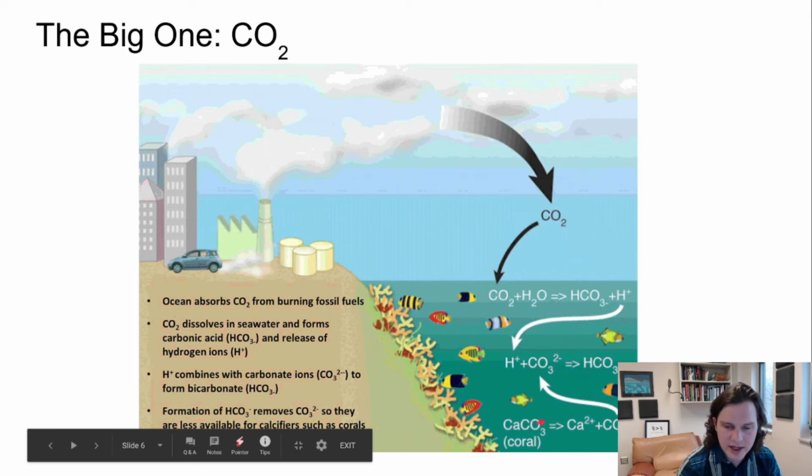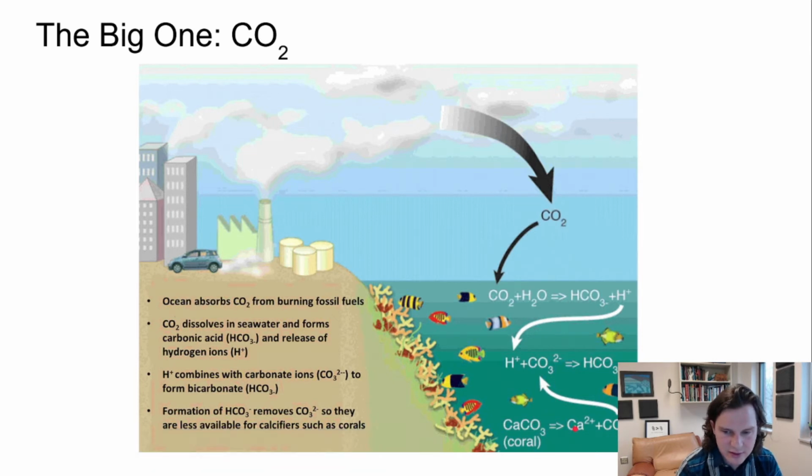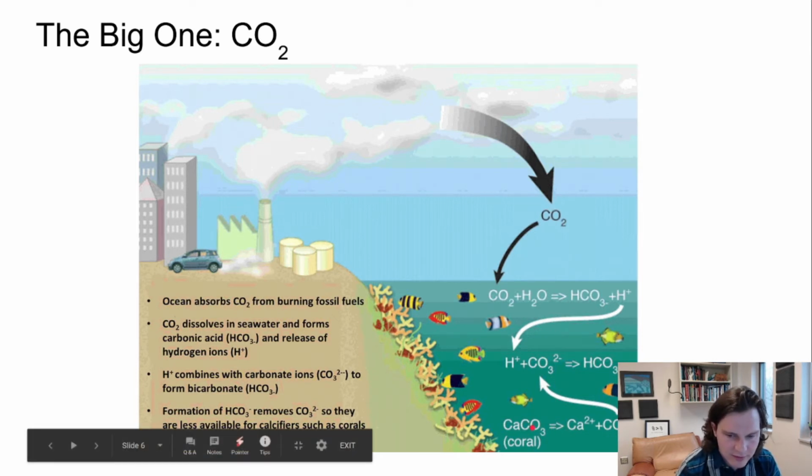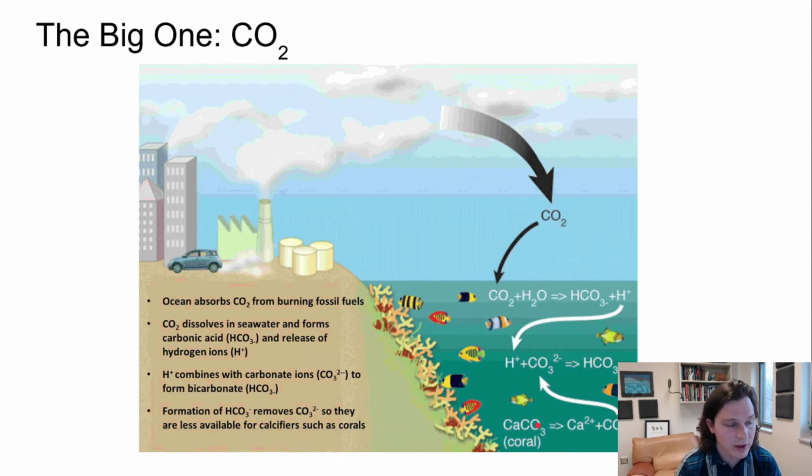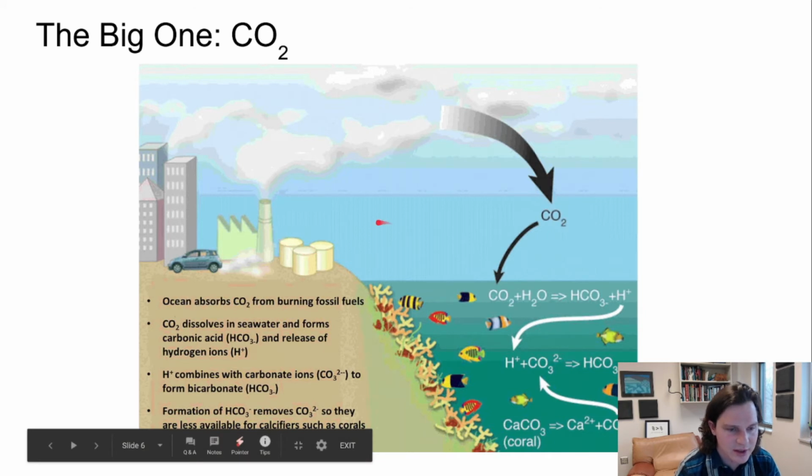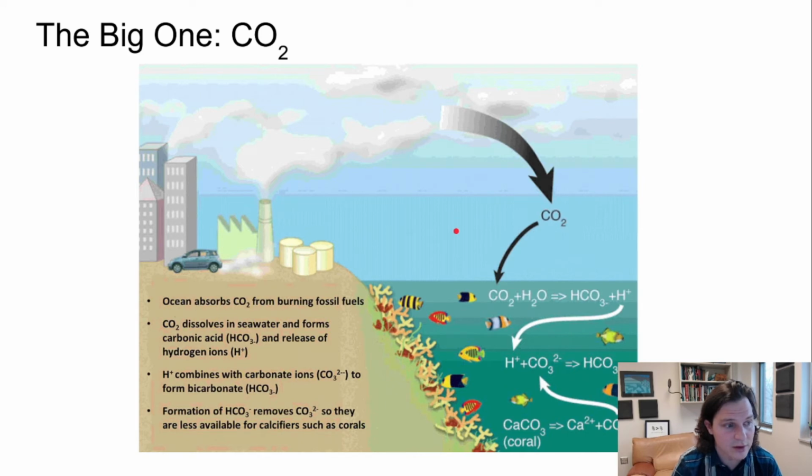And so some of it might change the pH of the system and extract carbonate from coral. That's why when we talk about climate change, we worry a lot about how it might impact coral reefs. This is an example of changing the acidity of the water and changing the carbonate equilibria through the addition of CO2. So that's one major source of acidity throughout the environment: CO2 dissolving into water and forming carbonic acid.